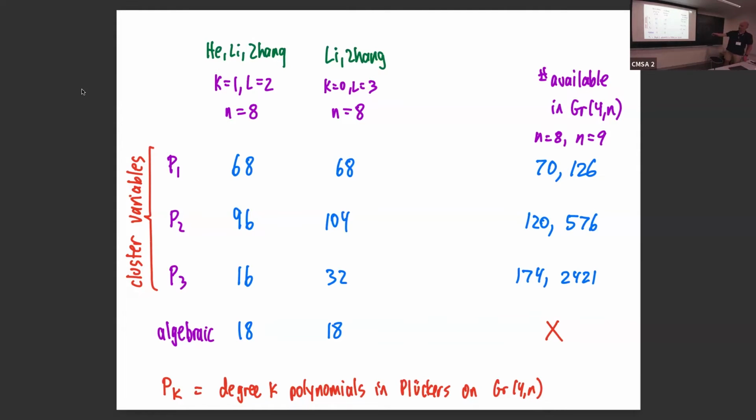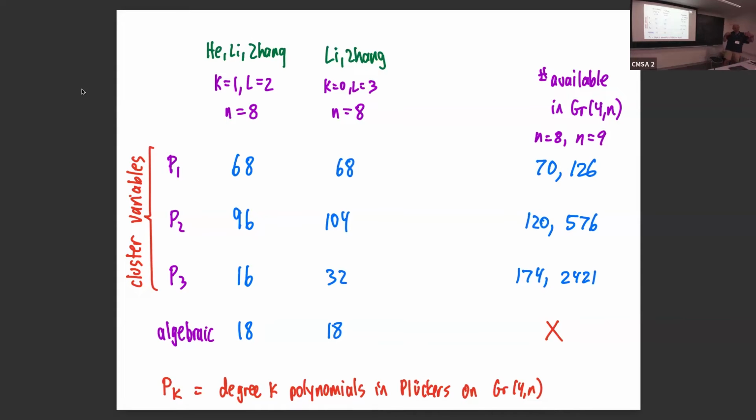So I should only be looking at the GR 4,8 numbers on the right. So 68 Plücker coordinates, 104 quadratic, 32 cubic. And this table implies, but I should make it explicit, that this 96 is a proper subset of that 104. This 16 is a proper subset of those 32.